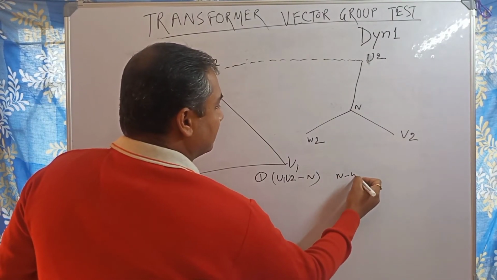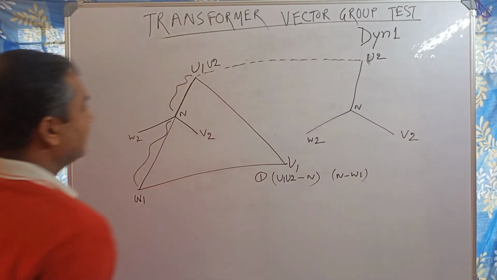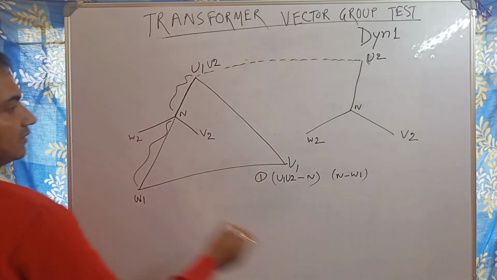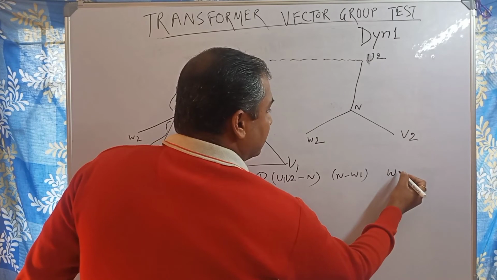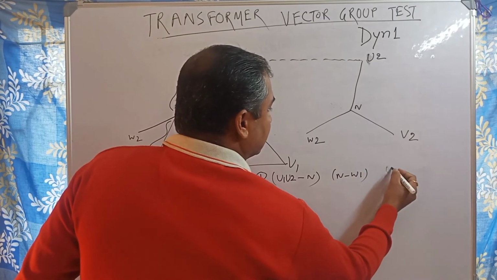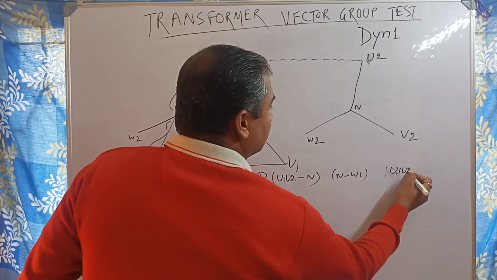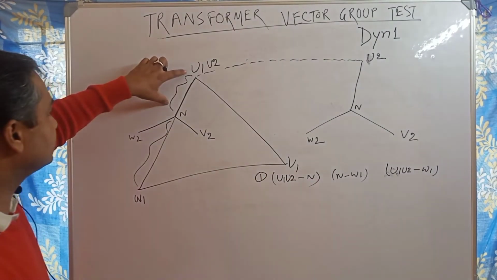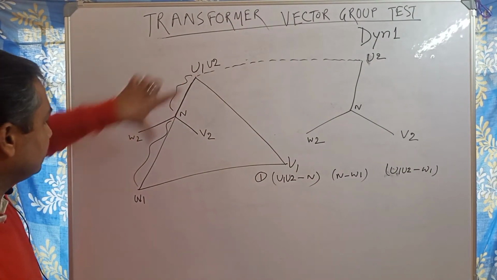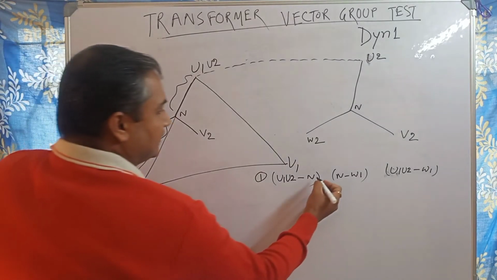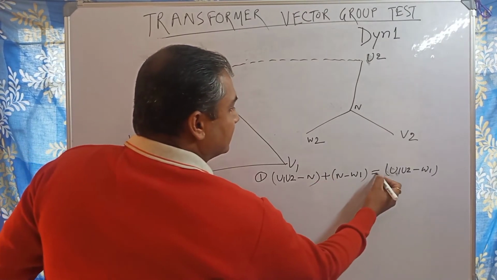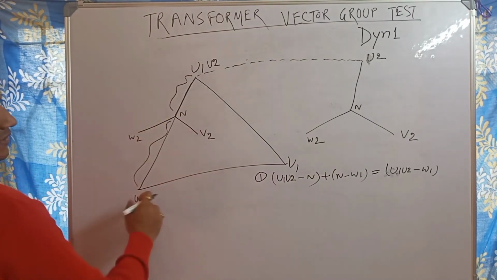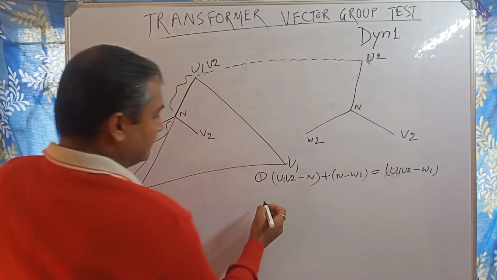Also, I will measure the voltage between U1 U2 to W1. If this voltage plus this voltage is equal to this voltage, this is the first condition.